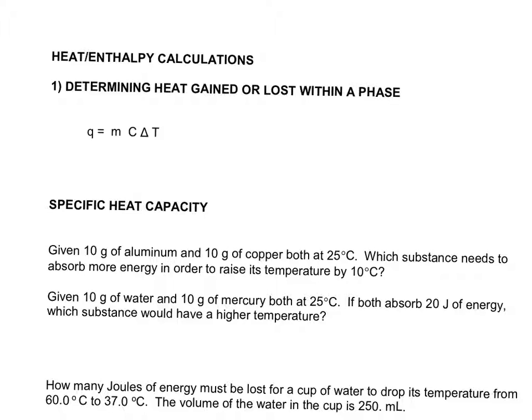So Q stands for heat, and the units for the heat is going to be joules in this case. M is your mass of your object, which is in grams. C is specific heat capacity, which is in joules per gram Celsius or joules per gram Kelvin. We'll talk about what specific heat means in a second.